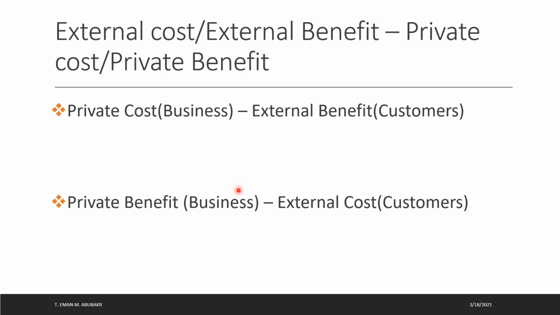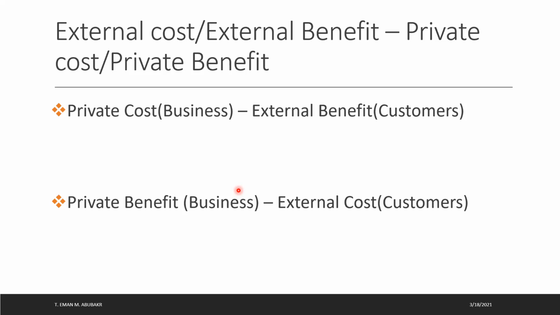For the private cost, it is the cost of land, cost of construction, labor cost for the people who are working, cost of running the plant when it has been built. They're talking about building a chemical plant factory. So transport, cost of material, the complete products, all that is the private cost that the business has to pay to make that business.